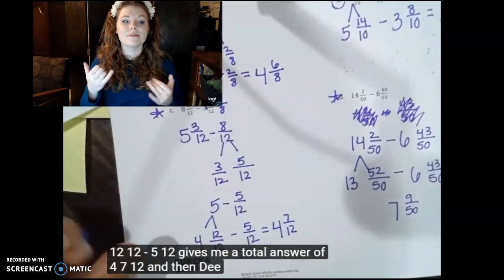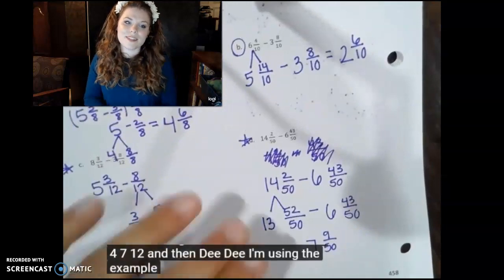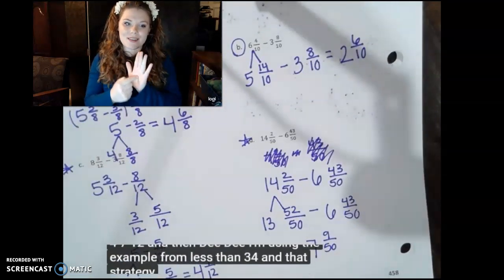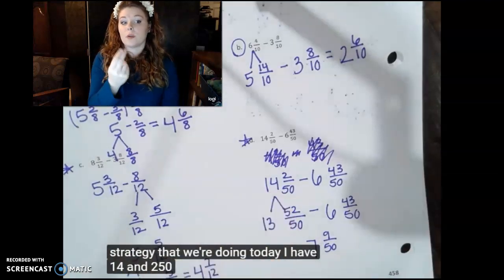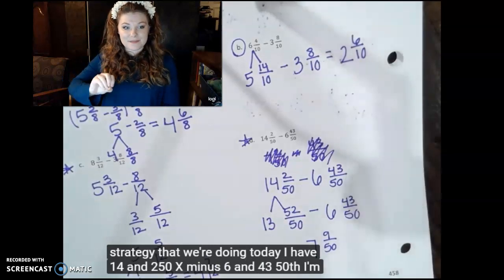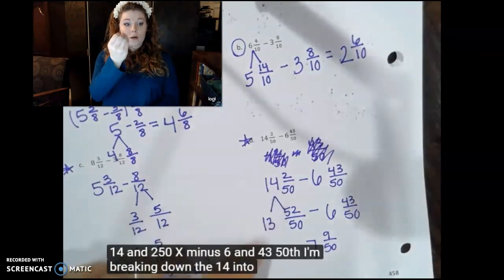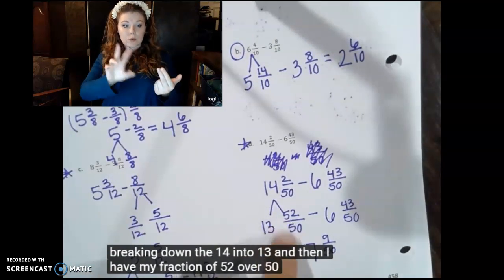And then D, I'm using the example from lesson 34 in that strategy that we're doing today. I have 14 and 2 50ths minus 6 and 43 50ths. I'm breaking down the 14 into 13, and then I have my fraction of 52 over 50.